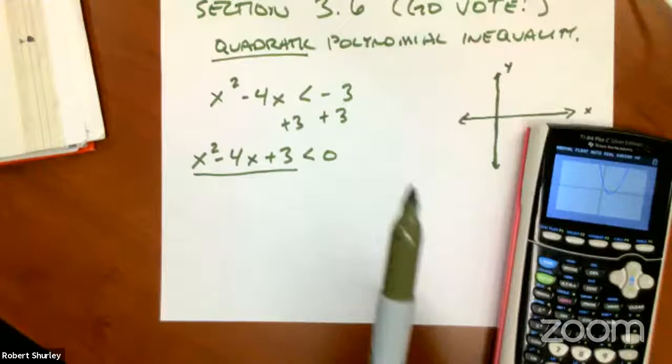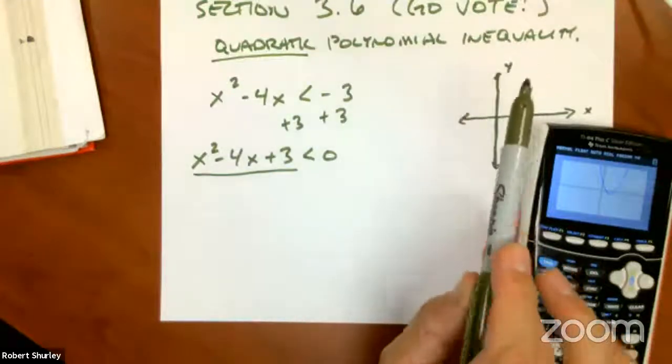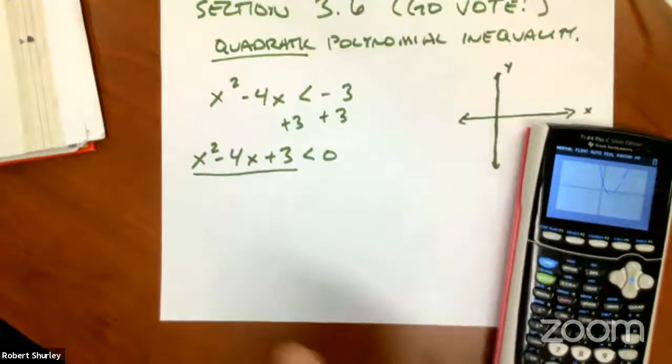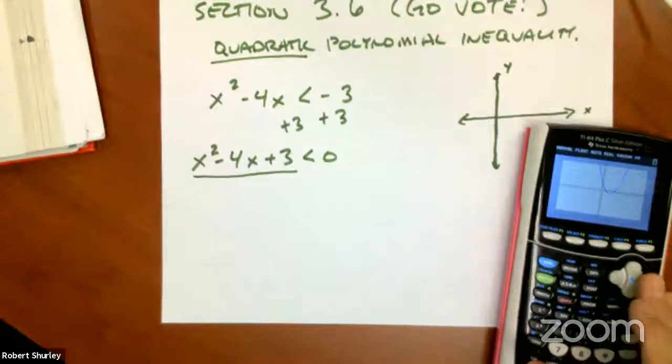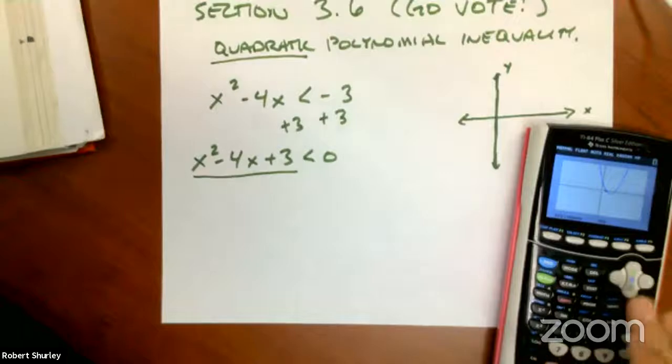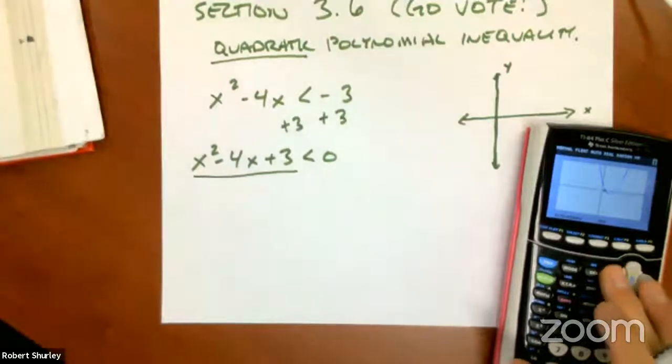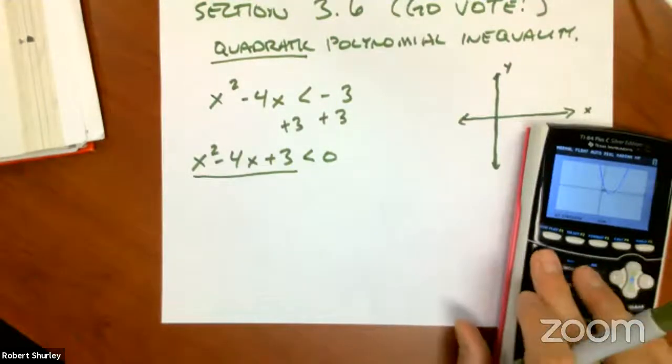But really what matters for us in the inequality section is where it crosses the x-axis, okay? Trying to see where it crosses the x-axis. It looks to me like it's 1 and 3. An easy way to check that is the table.